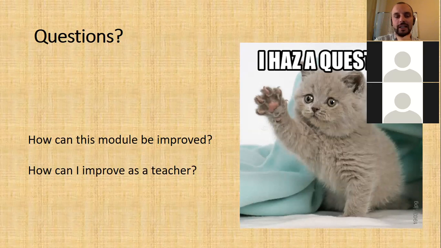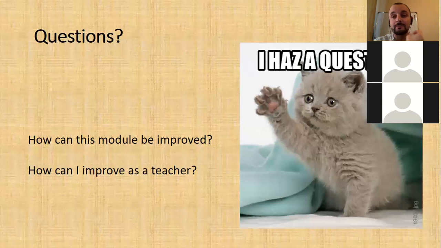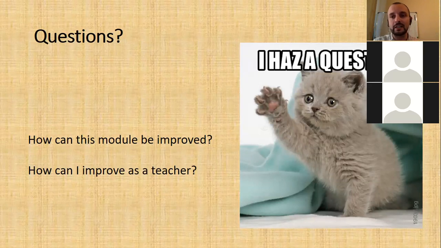I want to know if you have any thoughts or feedback on how I can improve this module and how I can improve as a teacher. You can be completely honest with me. I won't be upset with you if you tell me, sir, you really need to work on being a teacher, you're not very good at this. I'm quite happy for that.